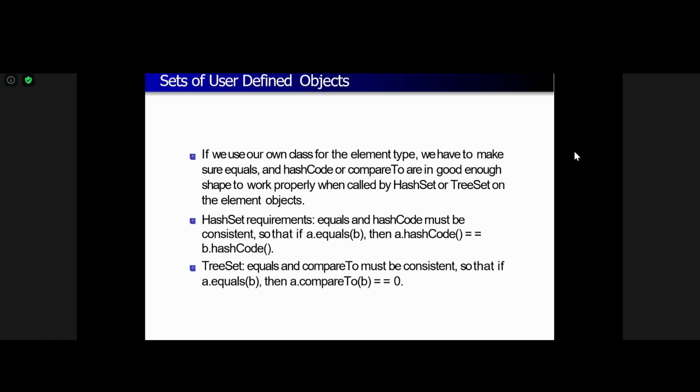So if A equals B, then the compareTo will be 0. And in fact, the tree set will never call equals in its work. It will always call compareTo. Any questions on these? So these are the methods the elements are required to have.